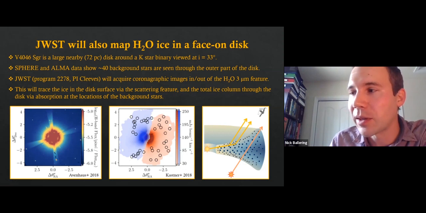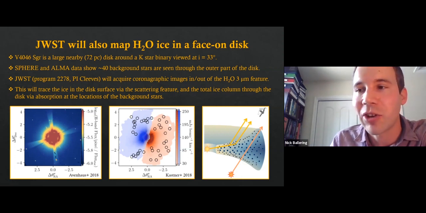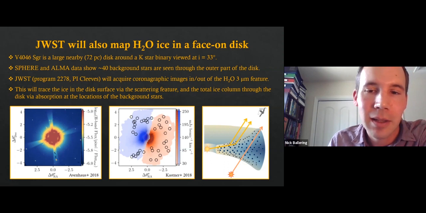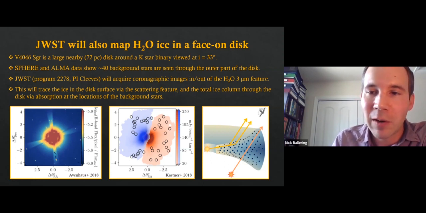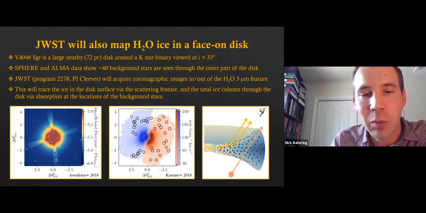That's part of it. There are also other species with features around that 3 micron feature that can contribute to its exact shape. But I think the bulk of the feature is coming from water. So I don't think there's really any issue with misinterpreting the feature to be something other than water.